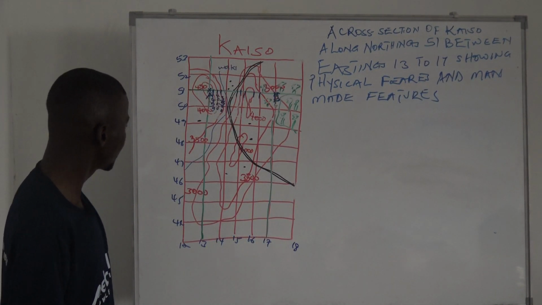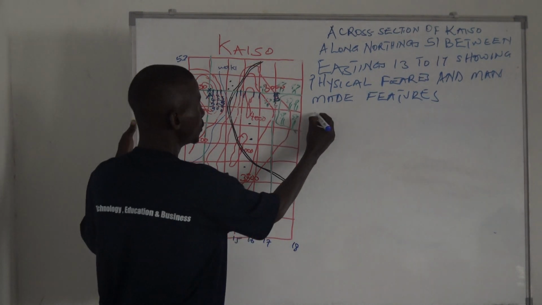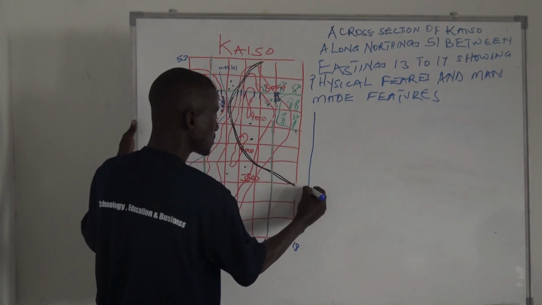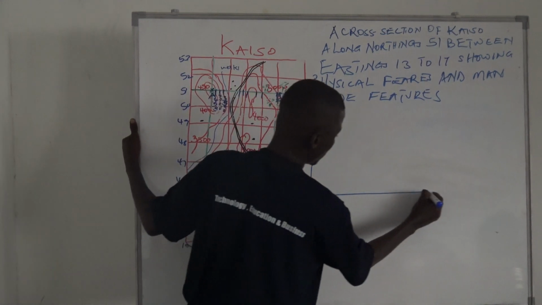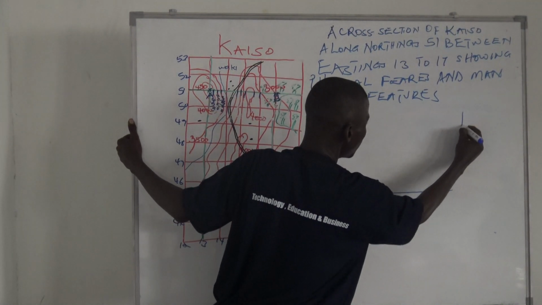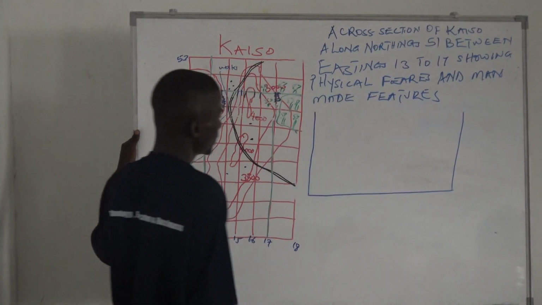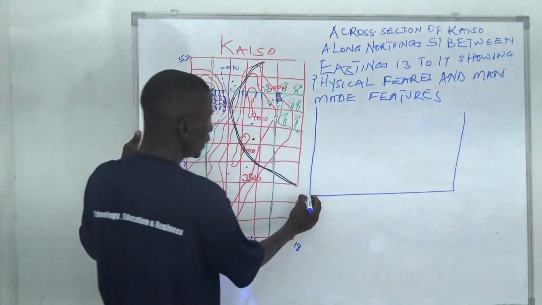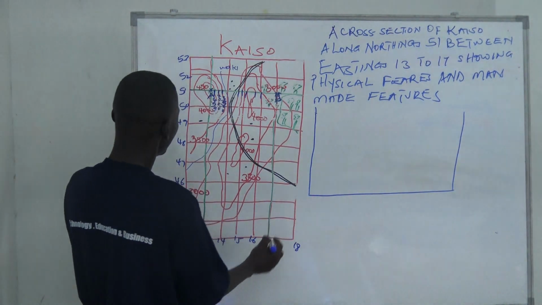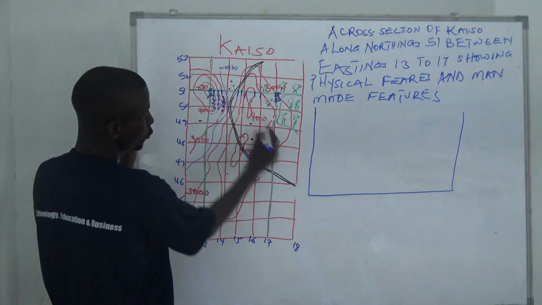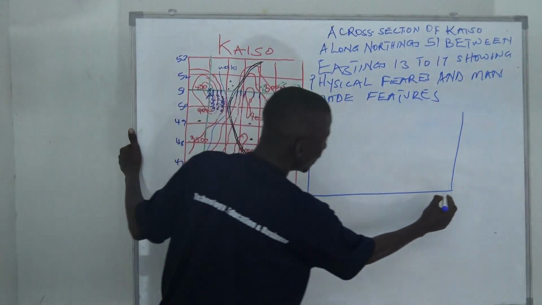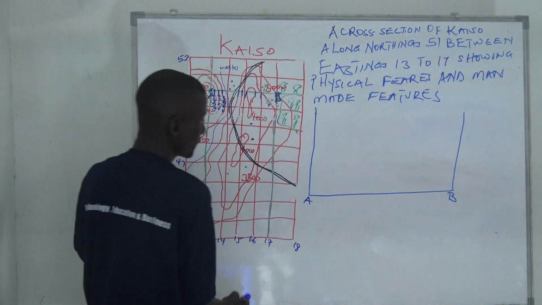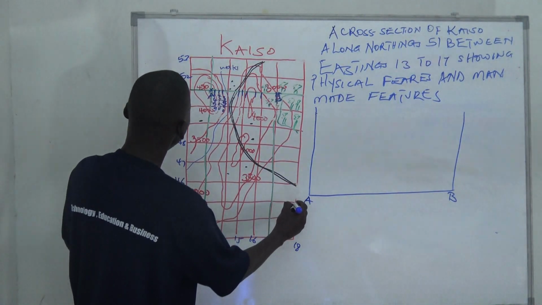Then after that, you draw here a cross section which should not go beyond 5 centimeters. Then here, the distance from A to B should be similar to what you have drawn here. Then here you put that number.